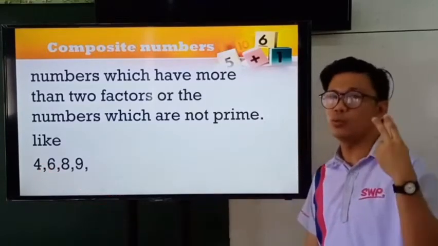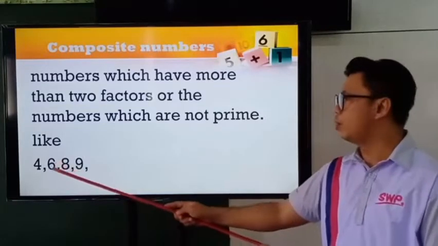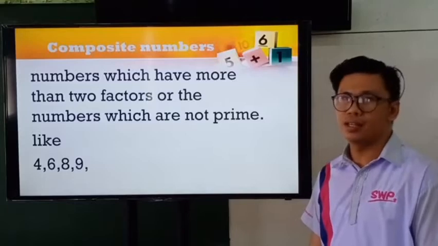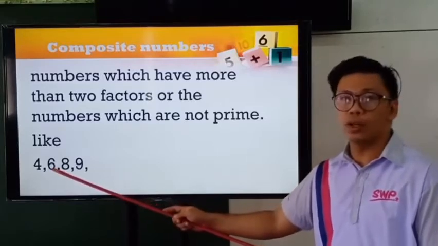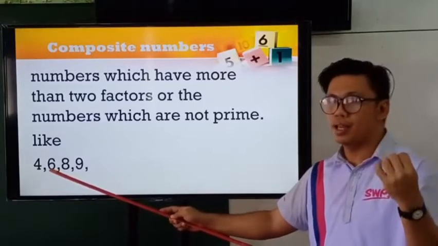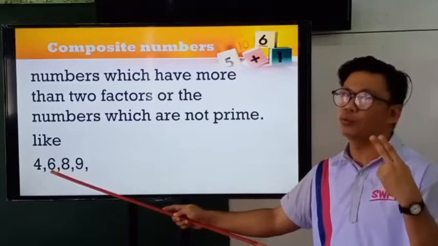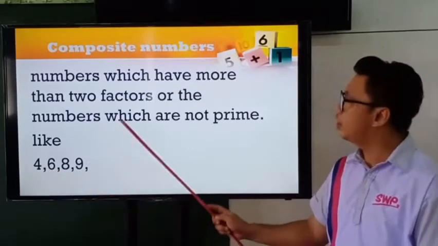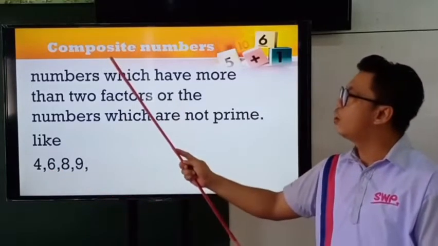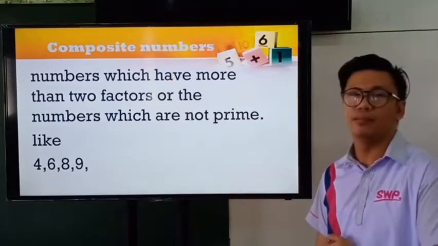So it means we have more than one pair of factors. Another example, 6. What are the factors of 6? We have 1 times 6 and 2 times 3. So if there are 2 pairs of factors, we call it a composite number. Did you understand? Very good.